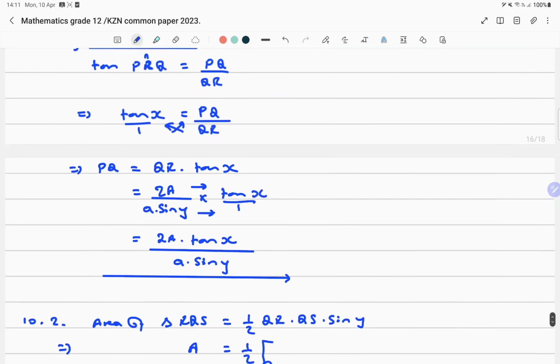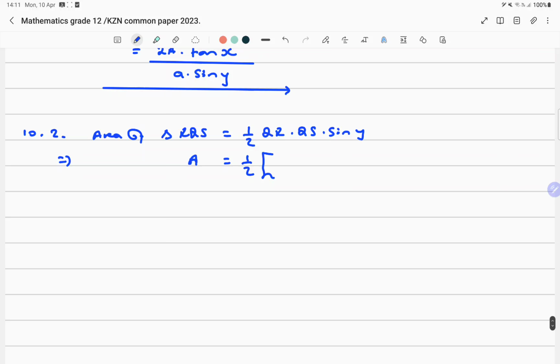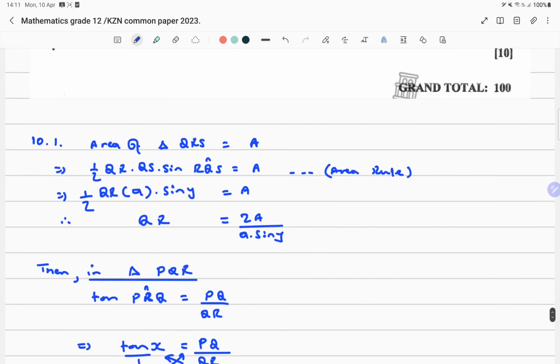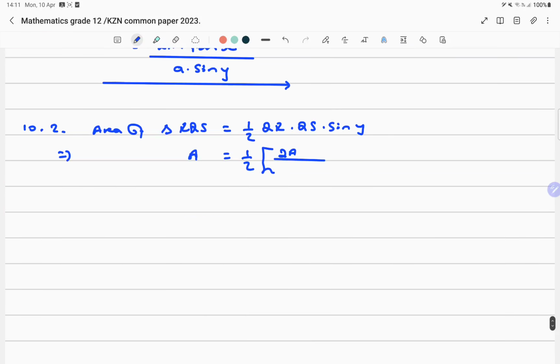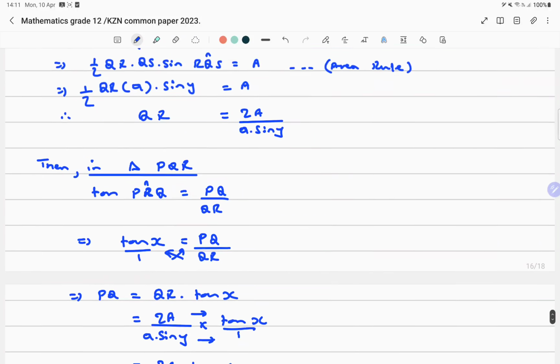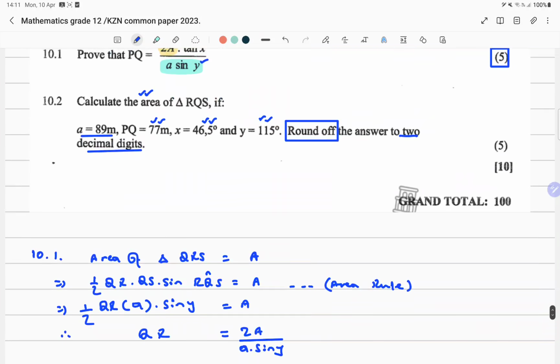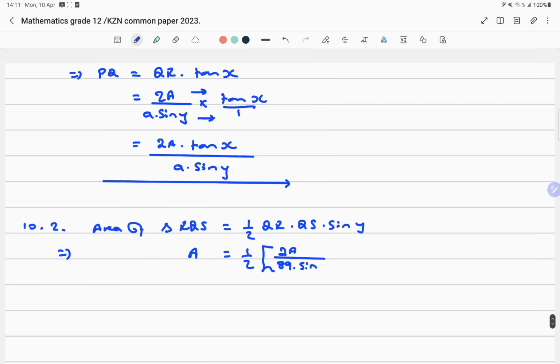So QR, we found out that it is 2A over A. What are they telling us? A is 89 meters, times sine of Y. Y is 115 degrees. Okay, so that's fine. Now that is that.